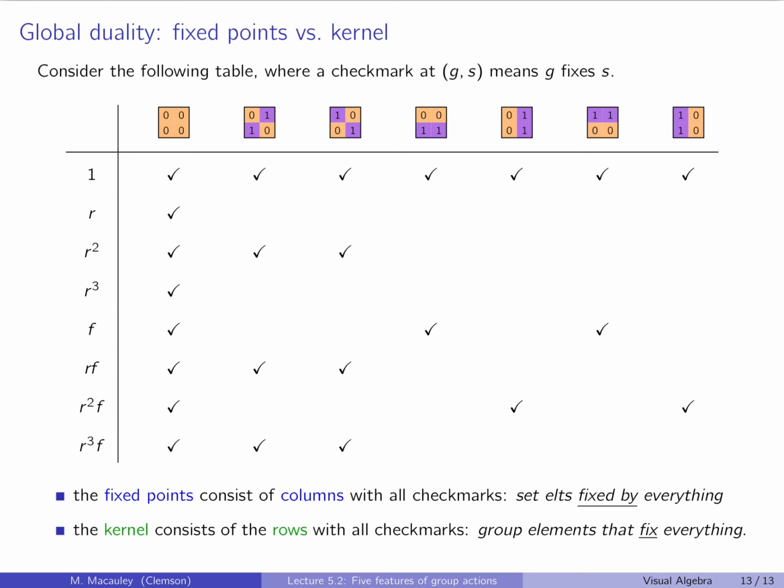But this theorem will quantify that. And then the other theorem is going to quantify how many orbits there are. So loosely speaking, the more check marks a table has, the more random button presses will not move things. So the more fragmented the diagram will be, and the more orbits there are. So we can also quantify this with a formula as well.